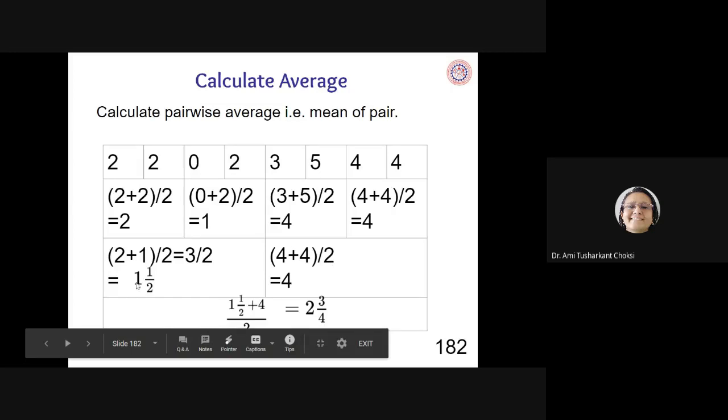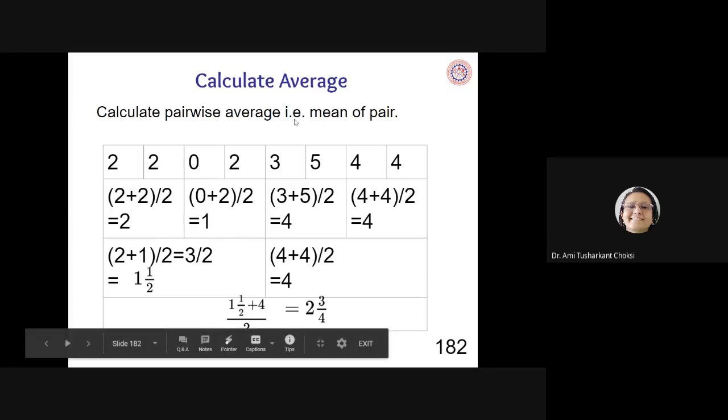Now this is 1.5 and this is 4, so we have these two as a pair. 1.5 plus 4 divided by 2 is 2 and 3 by 4. Isn't it? What we have done as the first step is calculate the pairwise average.